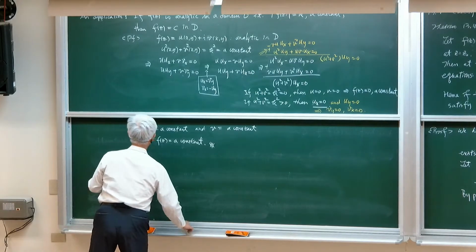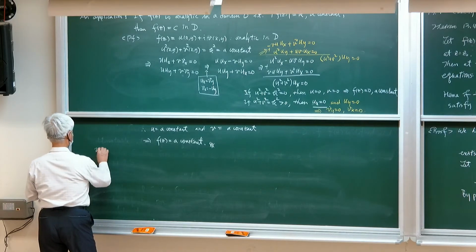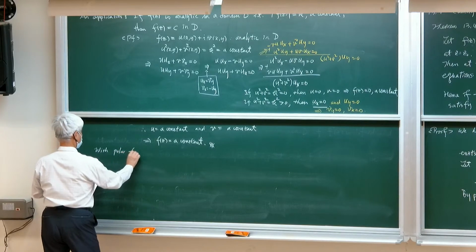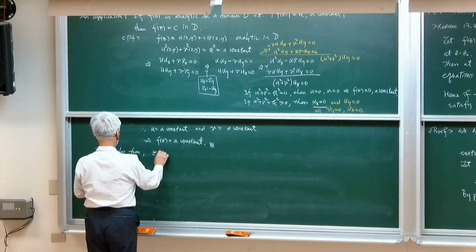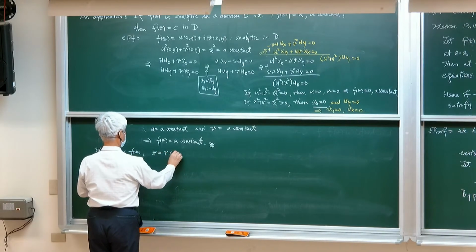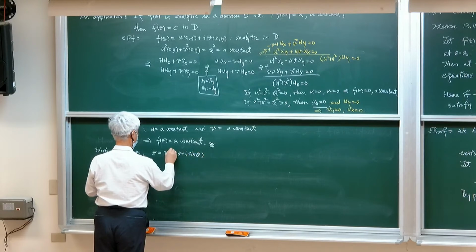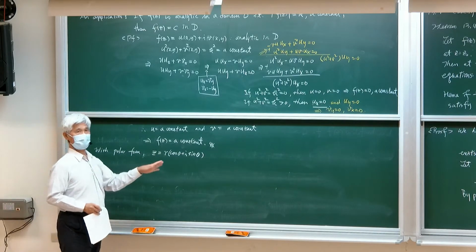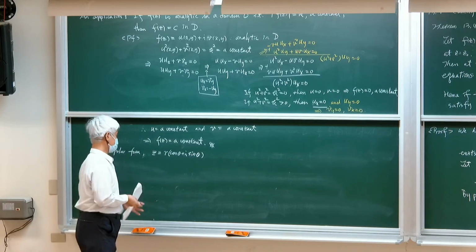All right. Now with polar form, z can be written, instead of x and y, using r and theta. So this is the polar form.